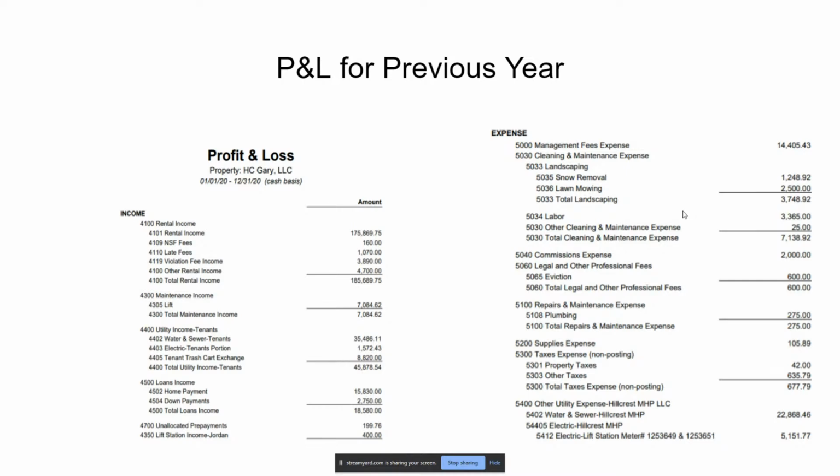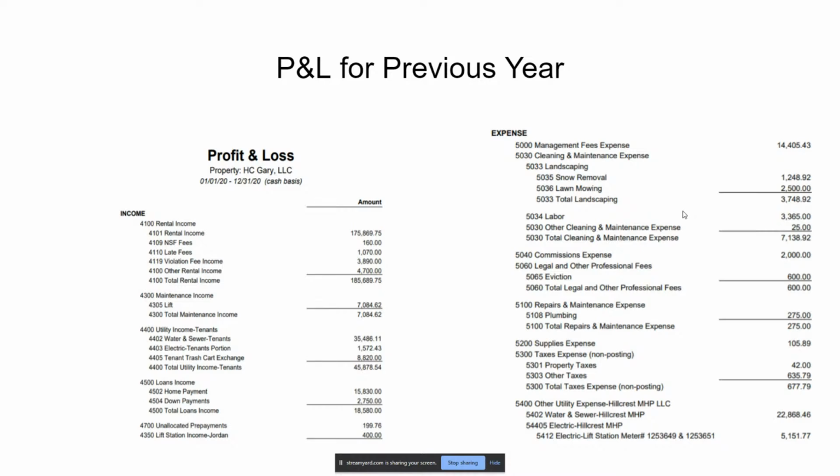You take a bill, say 2,000, and you divide by 100 tenants in the park, so it's $20 per occupant. If one house has one person in it, they pay 20. If one house has four people in it, they pay 80. So it's fair, right? You're not charging per home, where one person in a home is not going to use nearly as much as four people on average. That's another way you can do it. Anyway, that's where that utility income comes from.